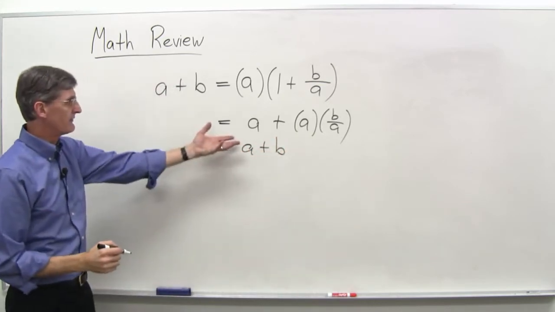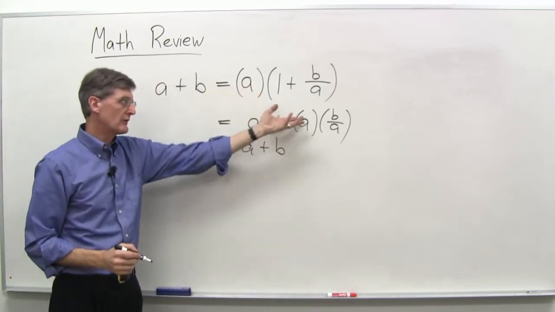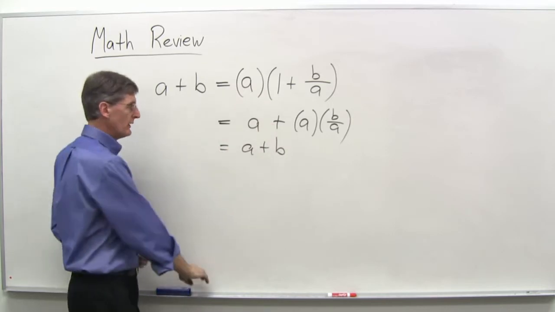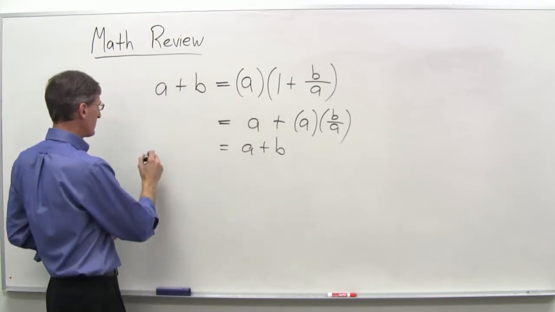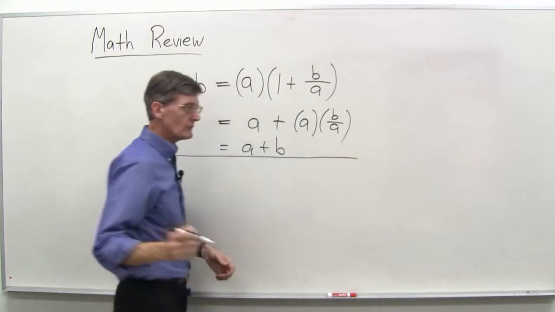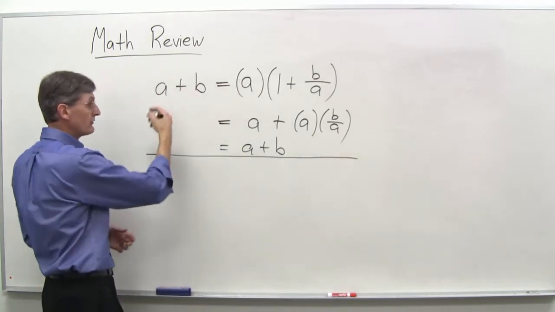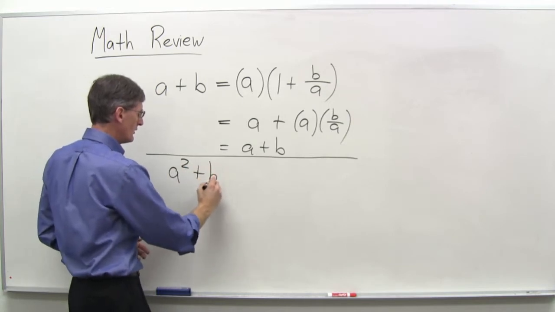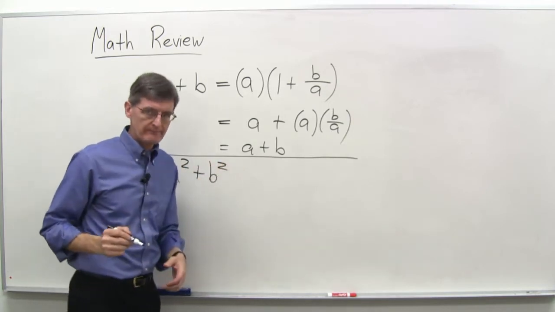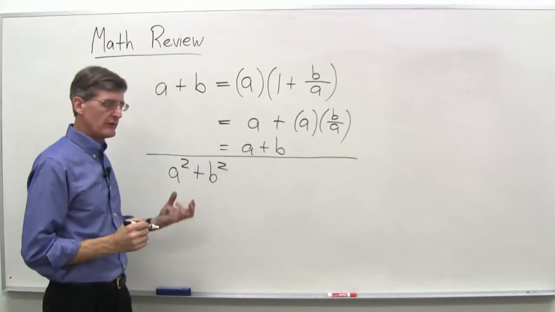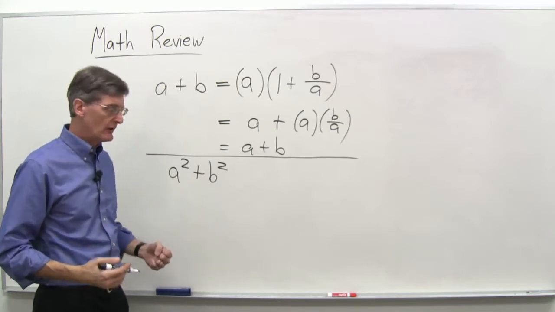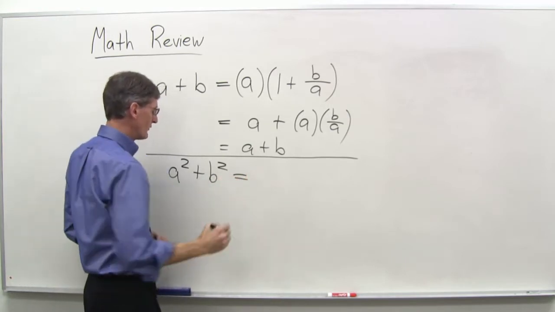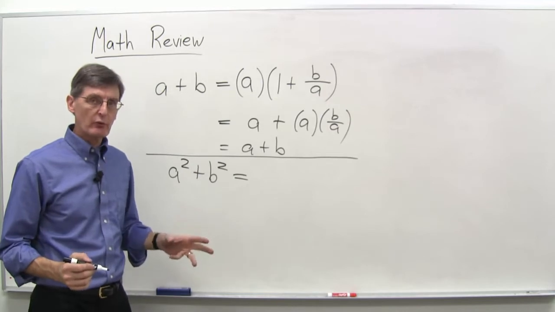So essentially we can factor out an a in this case, or we could have done the similar thing with b. Why is that important? Because we will see later on something like this. We'll have not just a plus b, we'll have a squared plus b squared. That form comes into the theory in a number of cases. And for various reasons, we'll want to write it like this.